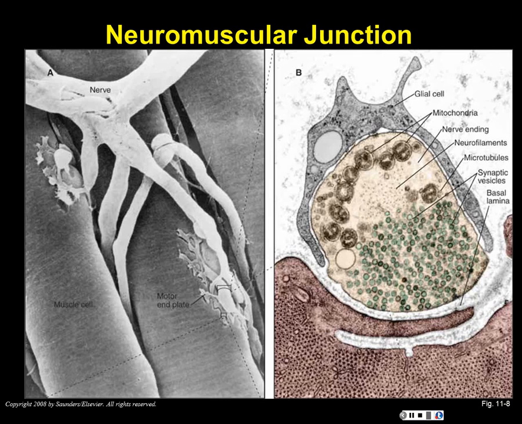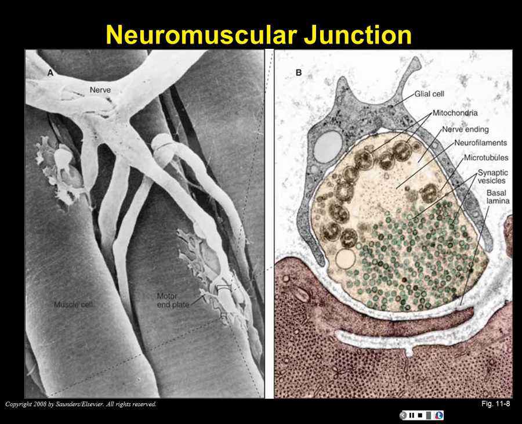The green area is the axon terminal, and we can see tiny little what? Vesicles that contain which neurotransmitter? Acetylcholine. Very good.